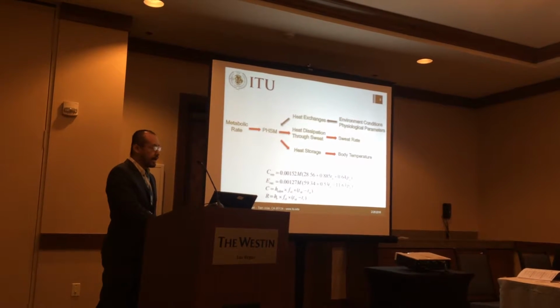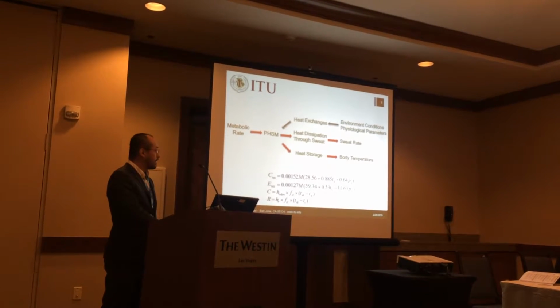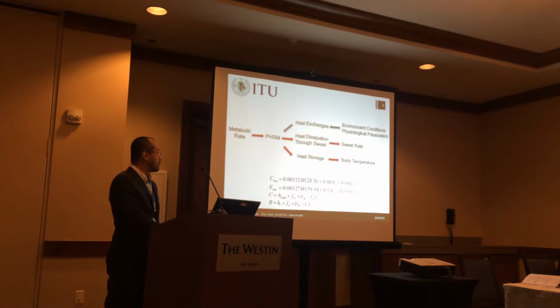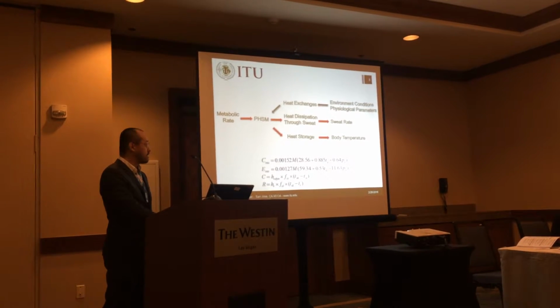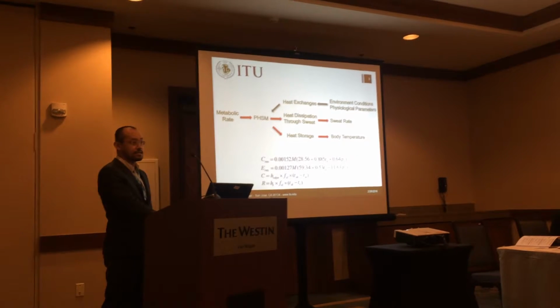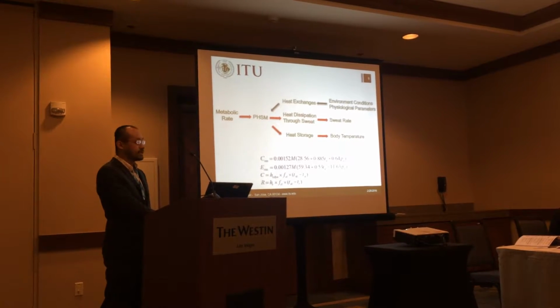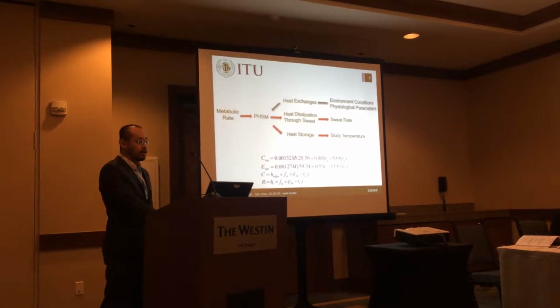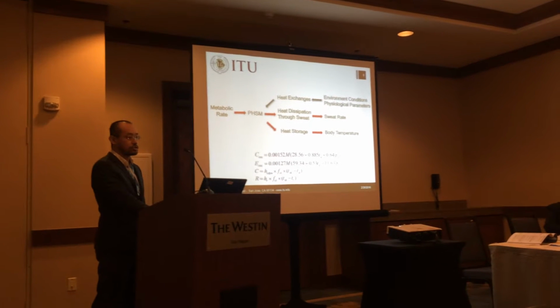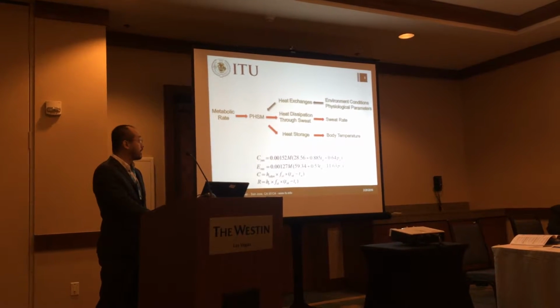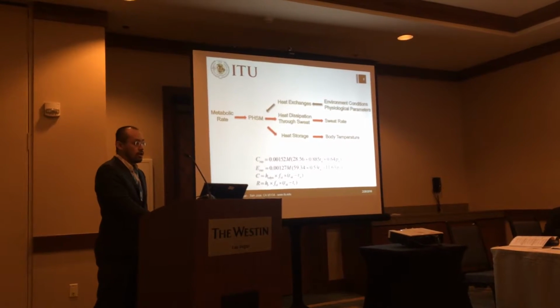ISO 17933 not only provided us the PHSM model, but it also provided us a lot of empirical and scientific formulas for us to calculate and evaluate heat exchanges. With these formulas, we can use environmental conditions and physiological parameters to calculate heat exchanges.